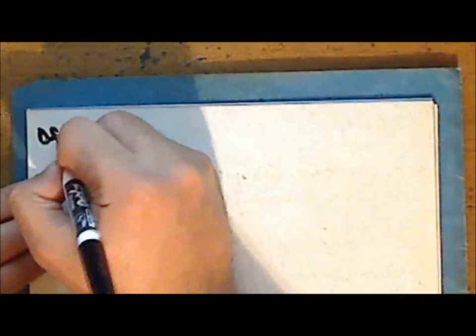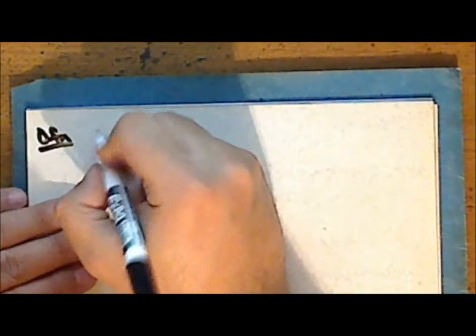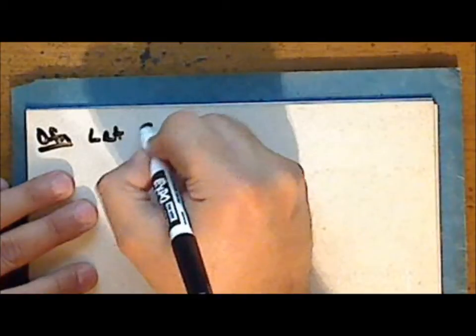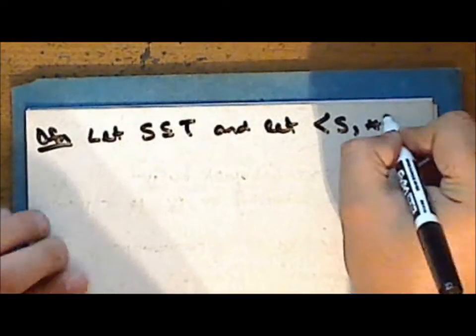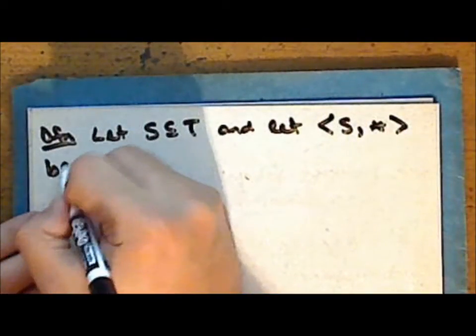So now we define a new term. Let the set S be a subset of the set T, and let the structure consisting of the set S together with a binary operation star be a magma.